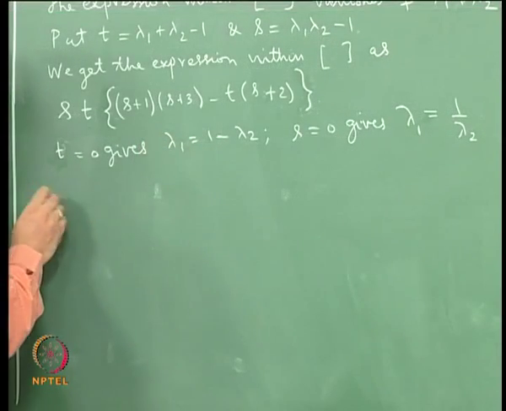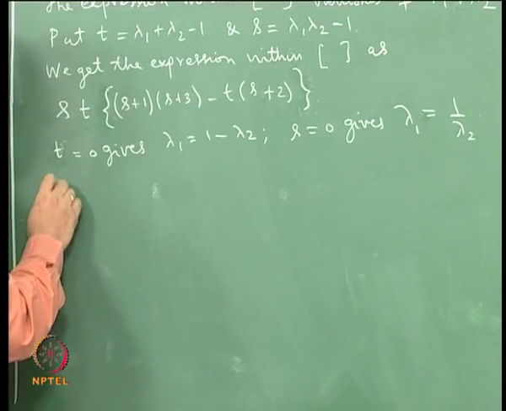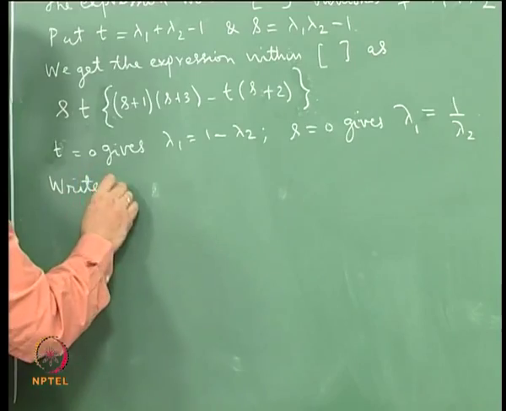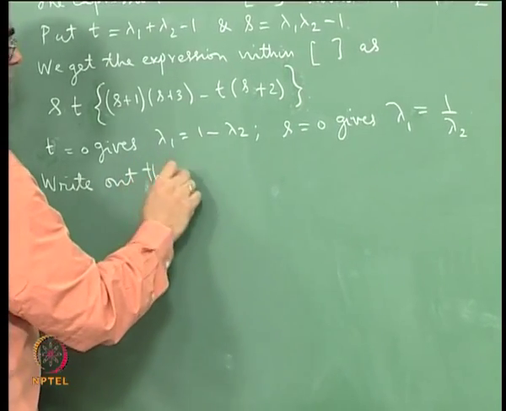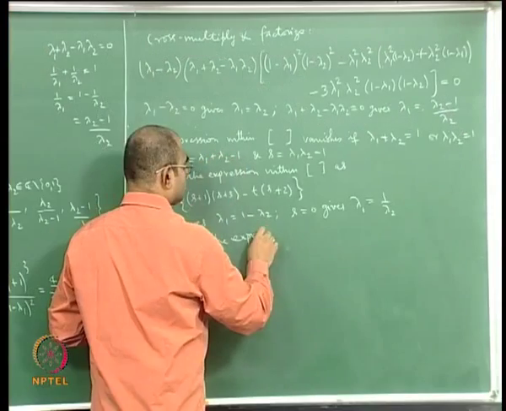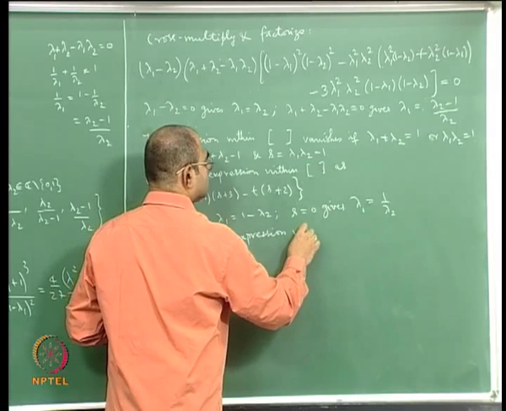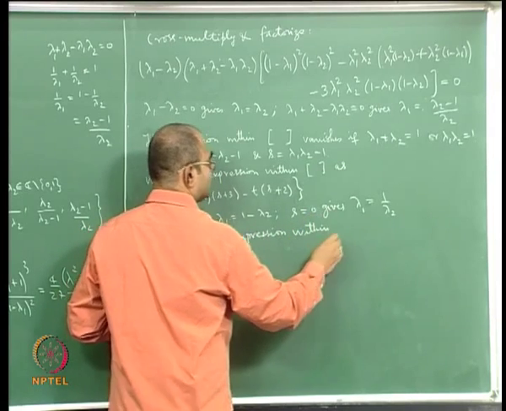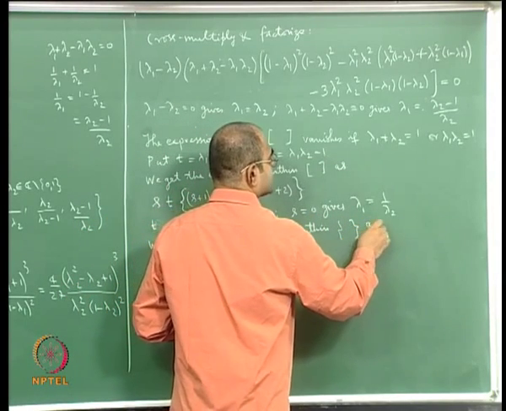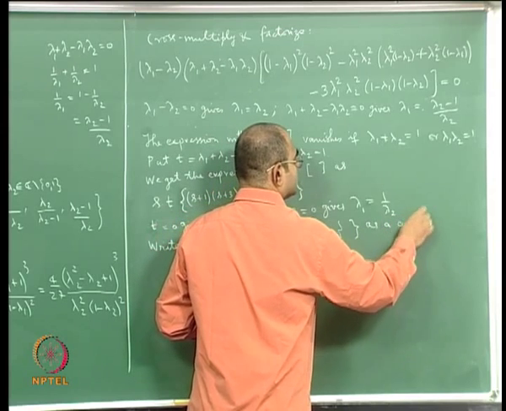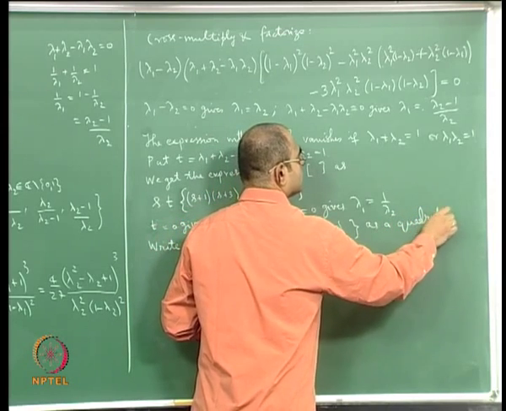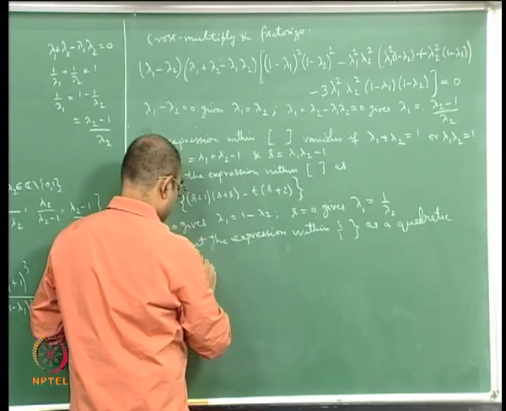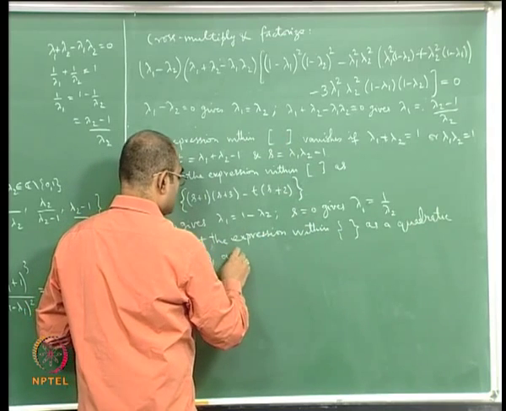So write out the expression within the square brackets as a quadratic in lambda 1 and solve.